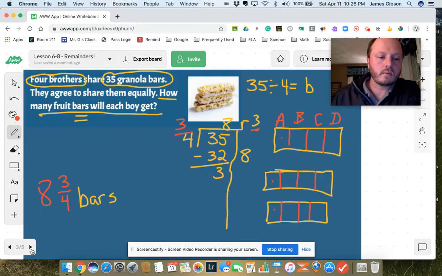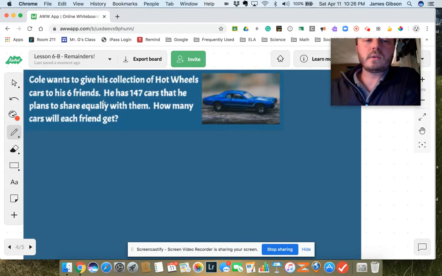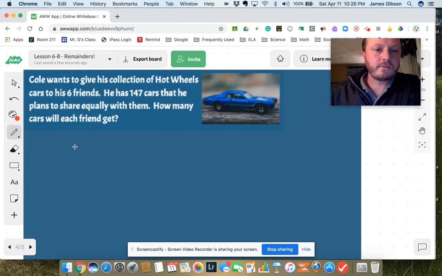Okay? Now, the next kind of problem we have here involves a different kind of thing to divide up. Hot Wheels cars, right? Cole has a collection to give to his 6 friends. He has 147 cars that he plans to share equally with them. How many cars will each friend get?